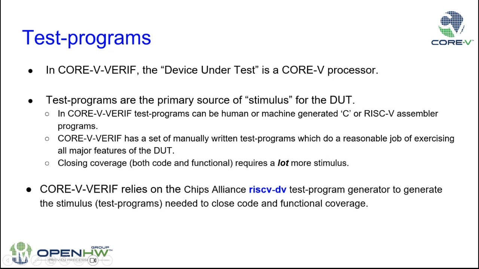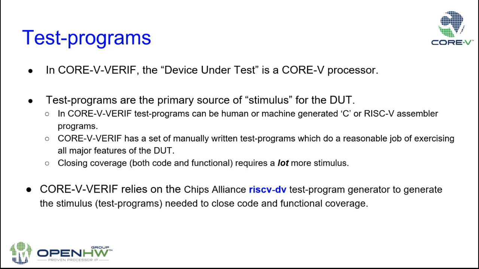We can write these by hand in C or in RISC-V assembler. If you want to write a test program by hand using your favorite editor and then run it through the cross compiler to come up with the machine code, you can do that. And we do have a set of manually written test programs that do a reasonable job of exercising the core.